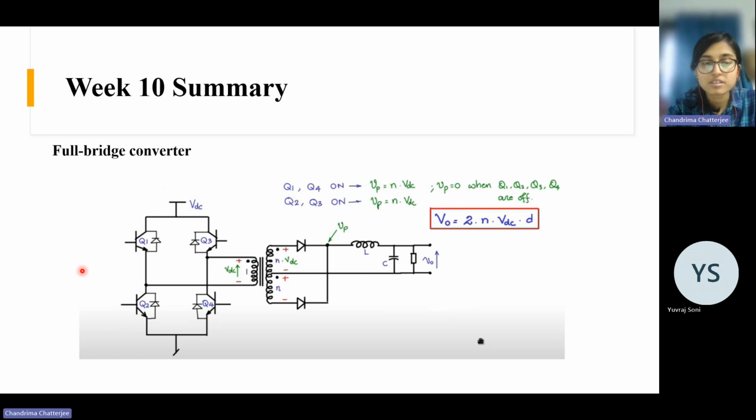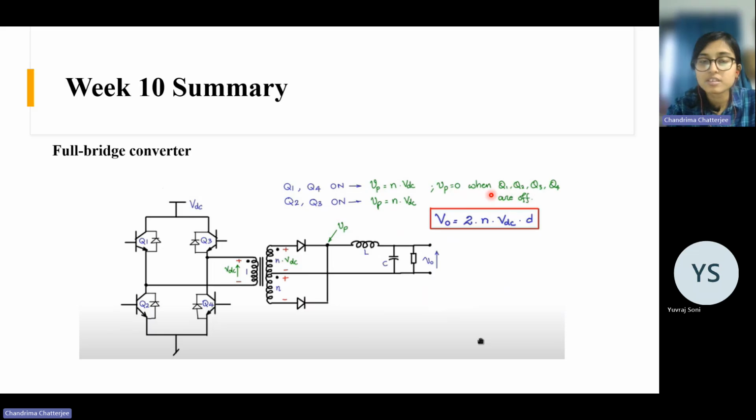If you just draw the supply here, the current can flow like this. Similarly, when Q2 and Q3 are on, current will flow like this through these diagonal switches.